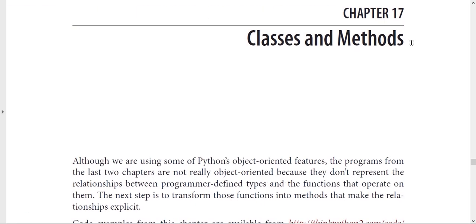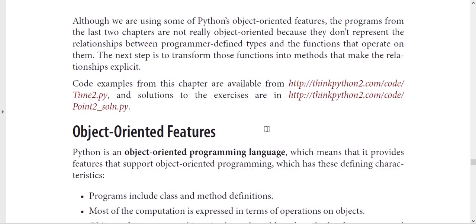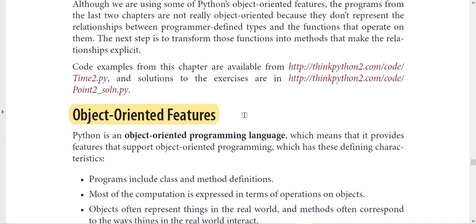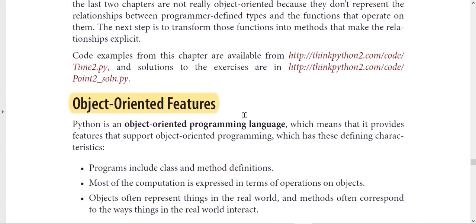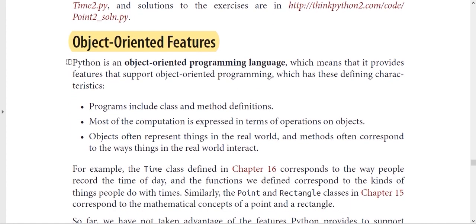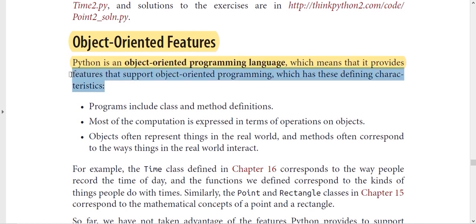Now let us move on to the next chapter, which is classes and methods. So here the first topic is object-oriented features. Let me give you an overview of these object-oriented features. Python is an object-oriented programming language, which means that it provides features that support object-oriented programming, which has 3 defining characteristics.